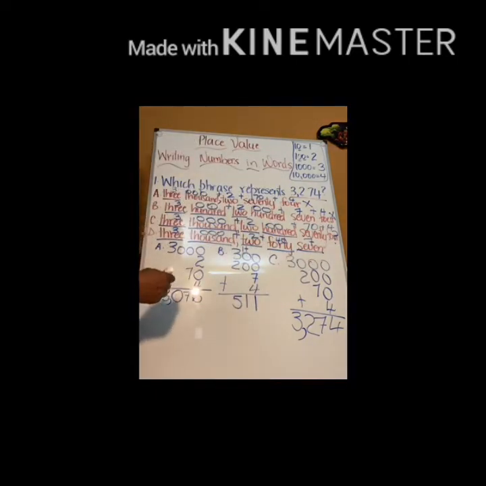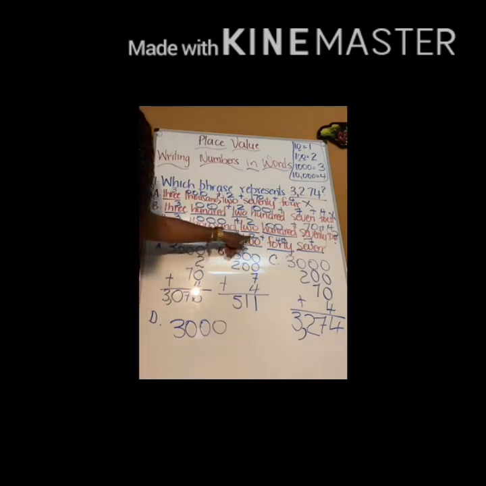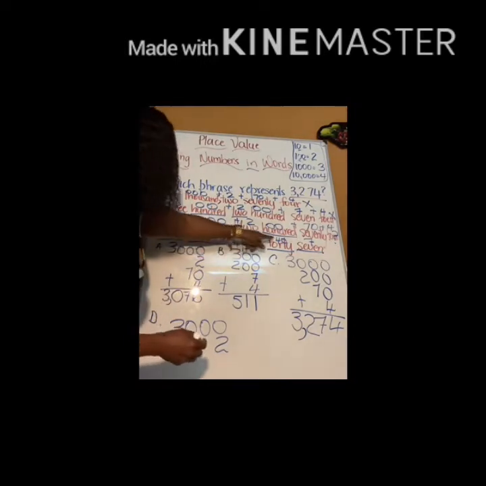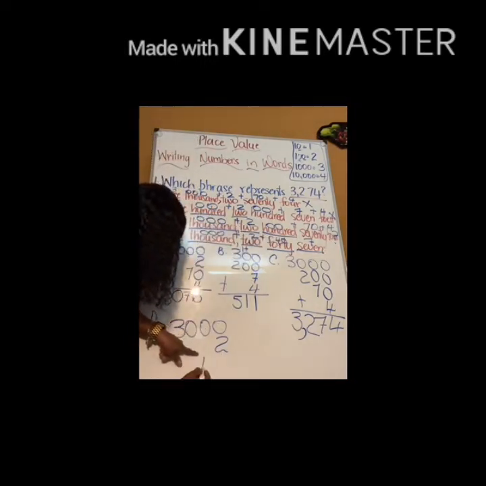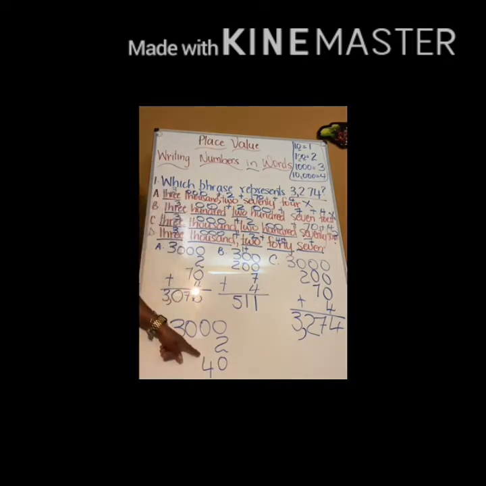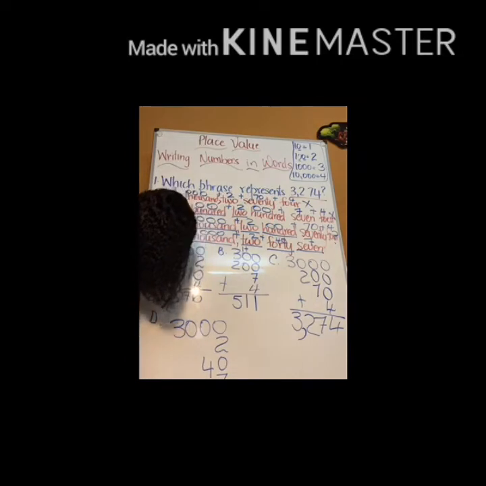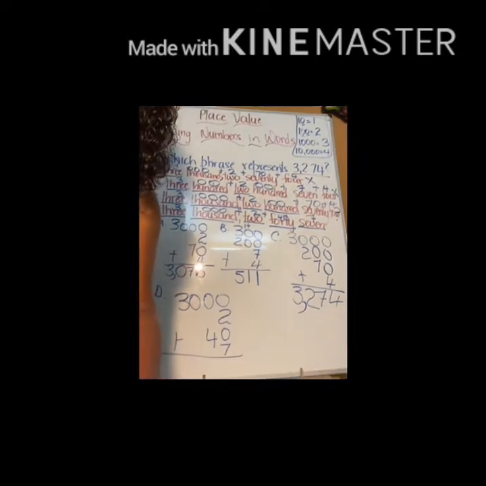Now we're going to add them up. 3,000, this is answer choice D, plus 2, ones column, 2 by itself, plus 40, 2 digits, 1, 2. So my 4 starts here and my 0 goes there. Plus 7, ones column, it's all by itself. I'm ready to add.